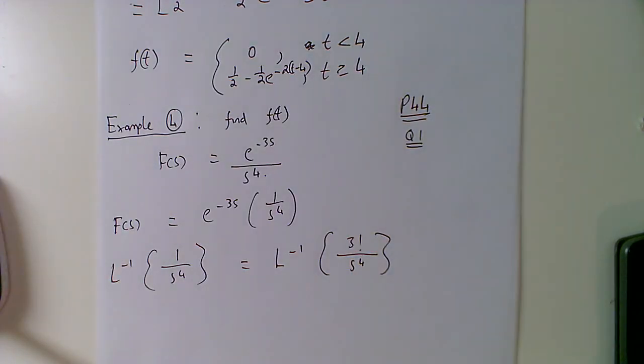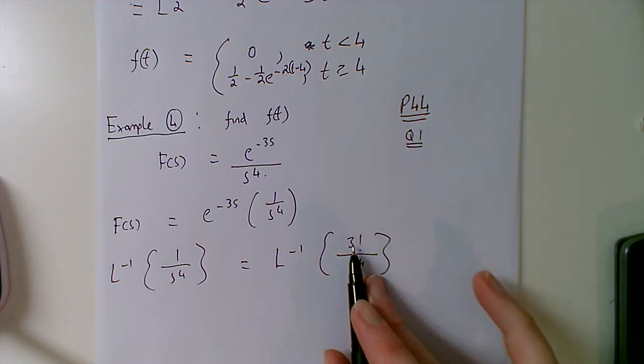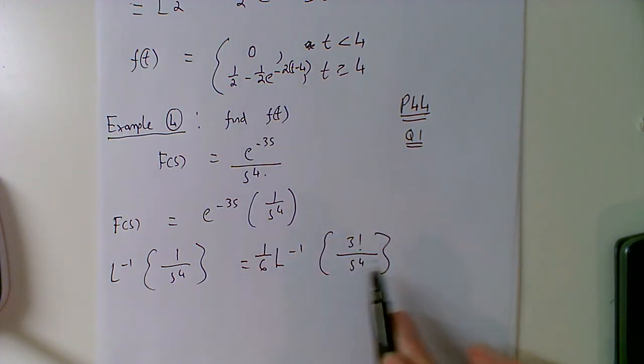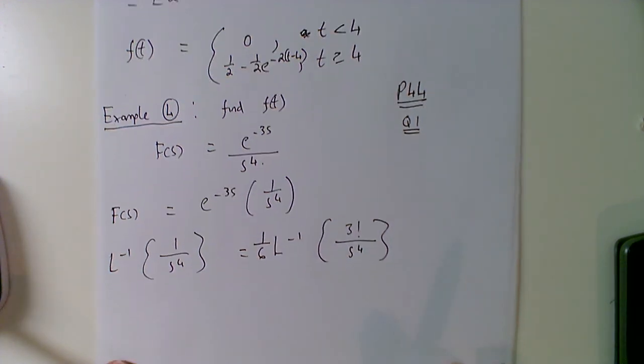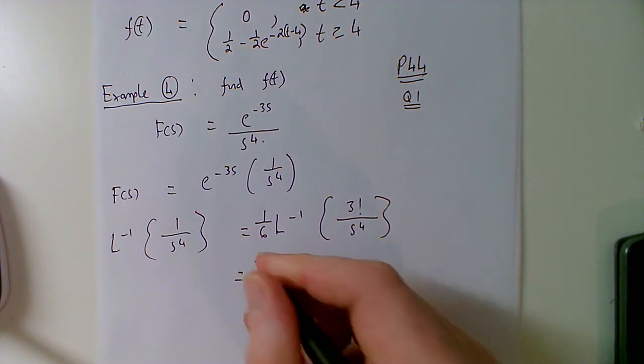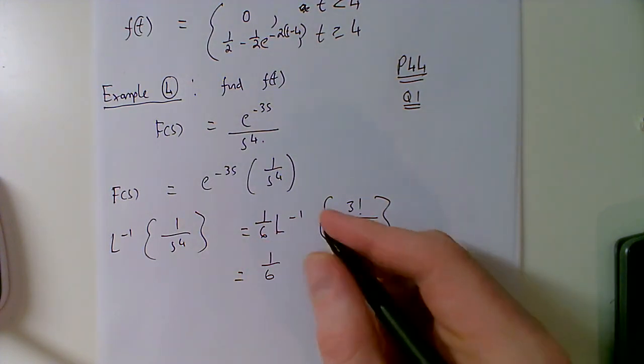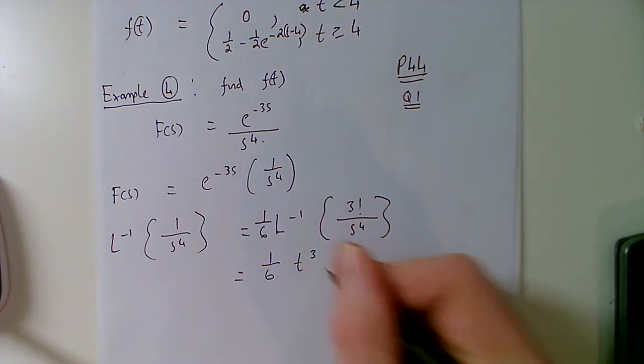So that's what I need it to look like in order for me to use my inverse Laplace transform. So 3 factorial is 6, so I need to take a factor of 1 over 6 in order to make that right. That's just 1 over 6 t cubed.